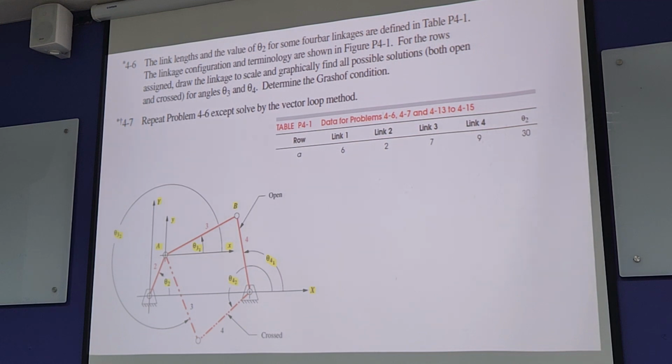So you have essentially a 4-bar mechanism. First step, draw the x-axis, y-axis, the global coordinates.